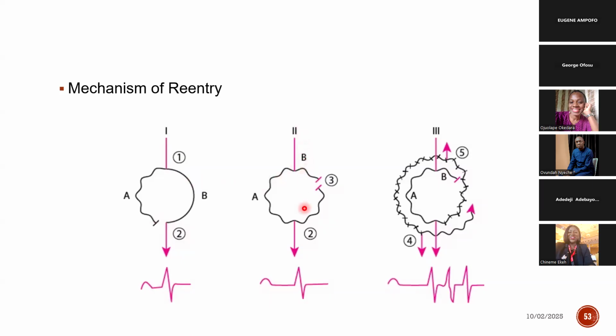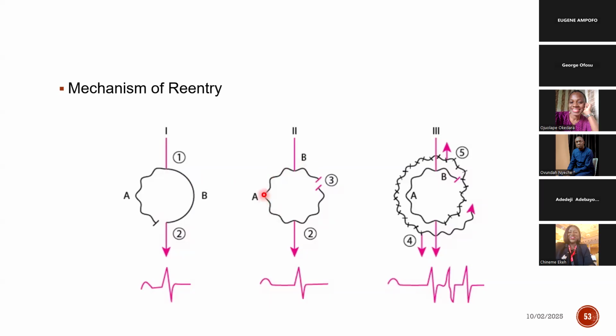Now, what causes the PVC is the fact that you may have an impulse coming from the top here, and then it goes through the slow pathway. By the time it gets to this point, it may find the fast pathway refractory.